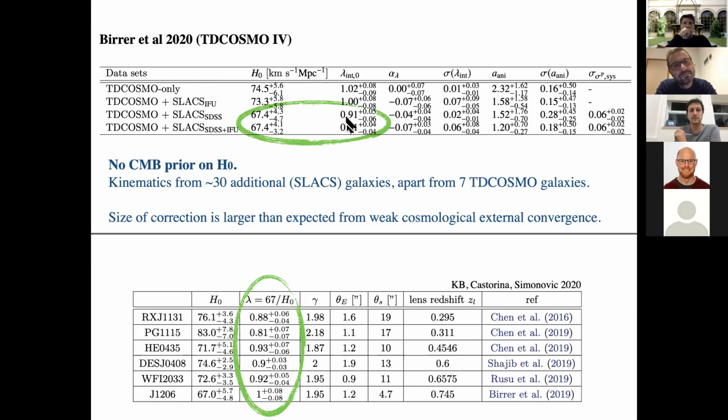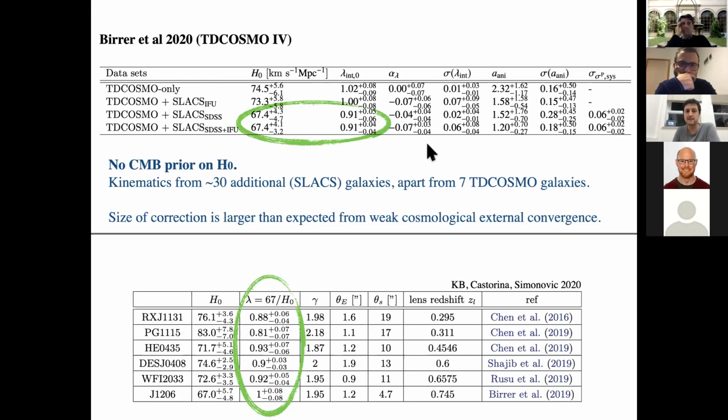And so these are the numbers they get. Interestingly, again, as Simon said, the kinematics do constrain this local approximate mass sheet degeneracy. When he adds the SLACS galaxies, it pulls you towards 0.9, which is precisely what you need from the CMB, which is the reason that the central value for them was pulled to the CMB value, even though they had no prior on H naught.